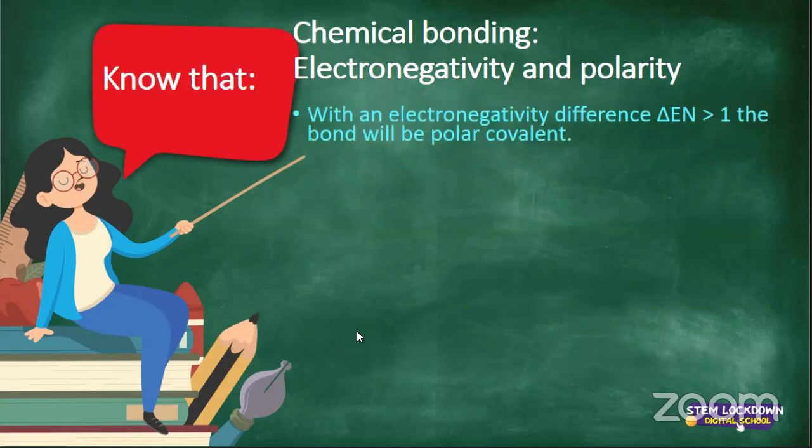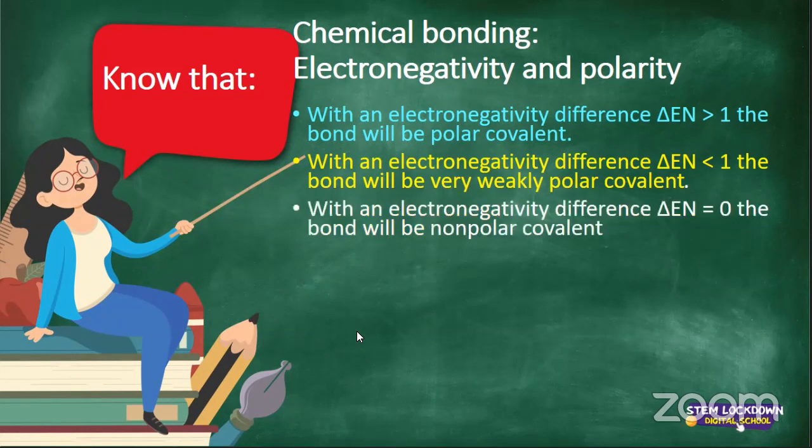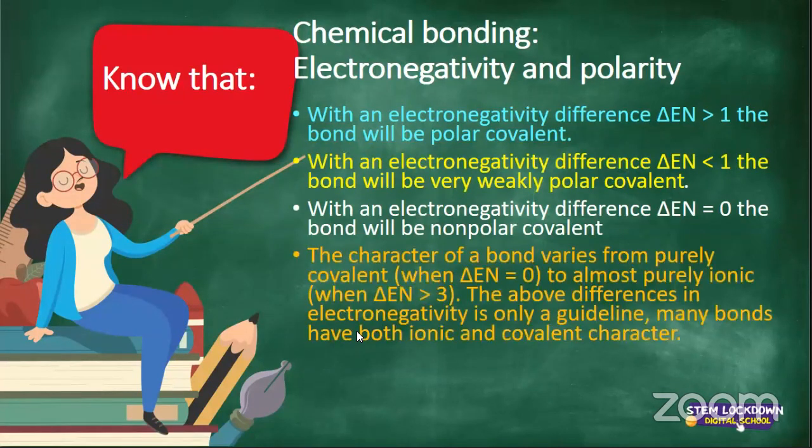Right, let's look at electronegativity and polarity. With an electronegativity difference greater than 1, the bond will be a polar covalent bond. With an electronegativity difference less than 1, you will have a very weakly polar covalent bond. And when the electronegativity difference is 0, you will have a non-polar covalent bond.